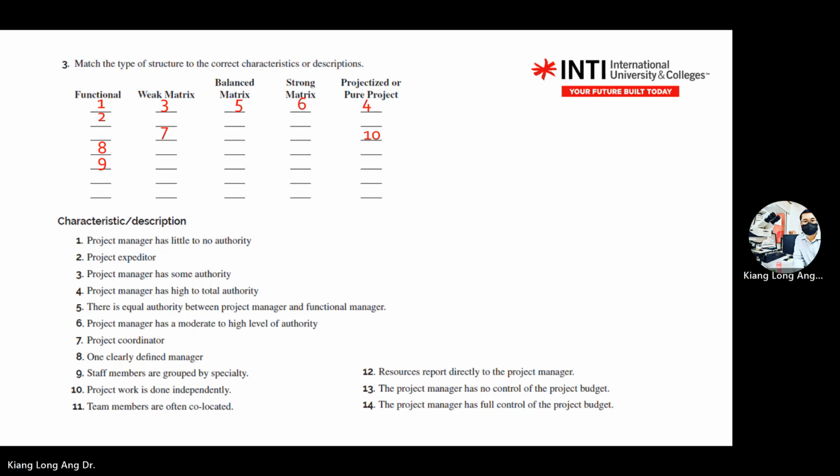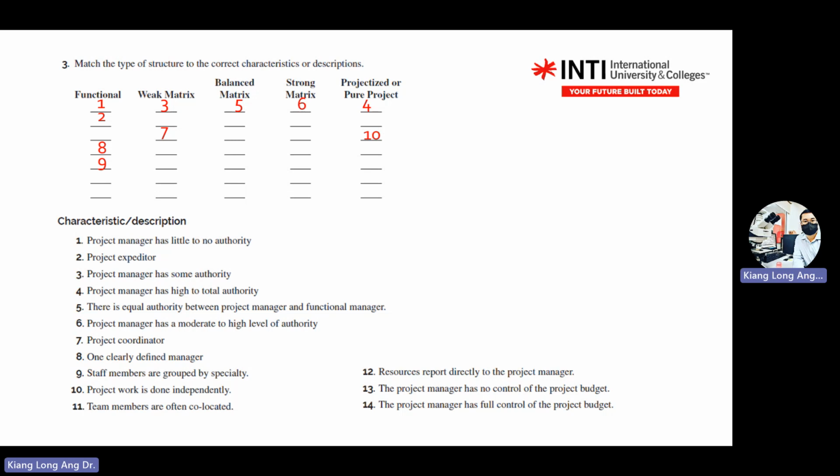Or like you would put a specific department works independently, or each discipline or each division works independently, then it's under functional. So the word projects is normally linked to the project.